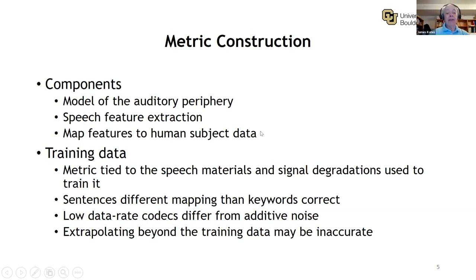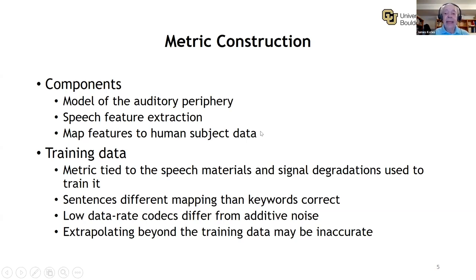That means the metric must be trained, i.e., we relate what we measure to some human subject data, which means that the metric is tied to the speech materials and signal processing used to train it. So if we train a metric on additive noise, that is, the data that we get from our subjects is based on understanding speech in different kinds of noise or different signal to noise ratios, then there's no guarantee that metric will work for any other data.